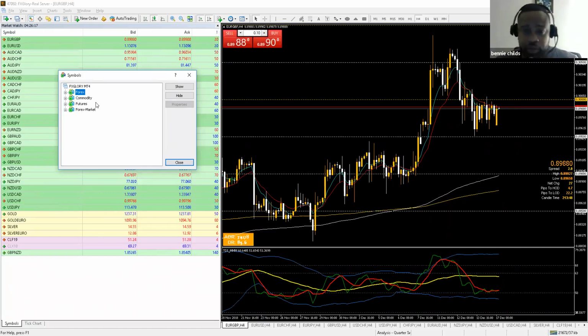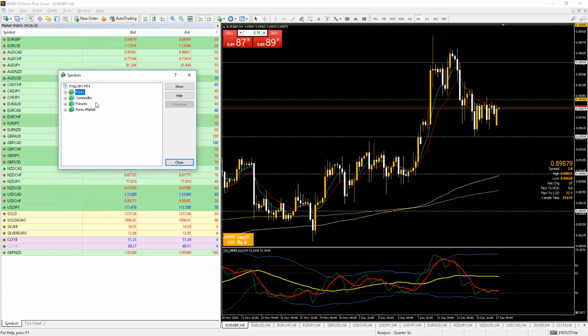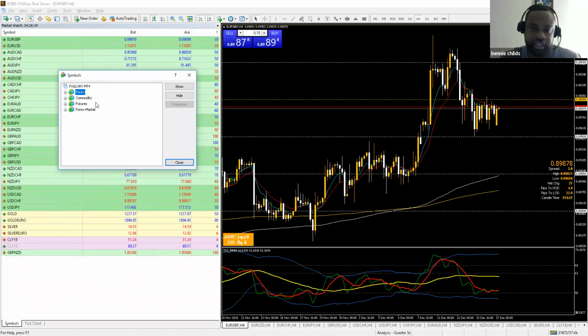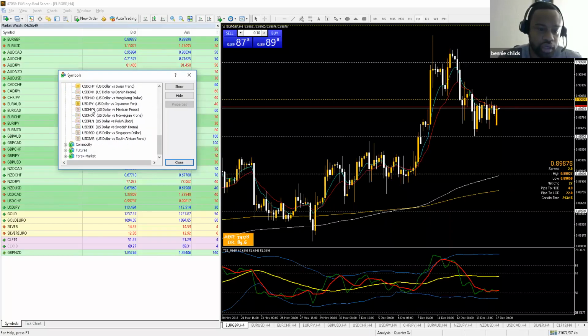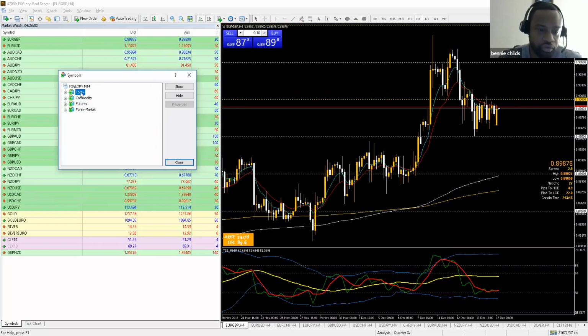I also have an account with Traders Way, and with Traders Way, I know that you can jump into cryptocurrency. But it's still the same way that we're trading. You don't actually hold on to it. You just take advantage of the exchange that's taking place in the market. So depending on the broker that you decide to go with, this will change. If you want all of the Forex pairs to show, all you would do is click on Forex and then hit show, and that'll show everything.